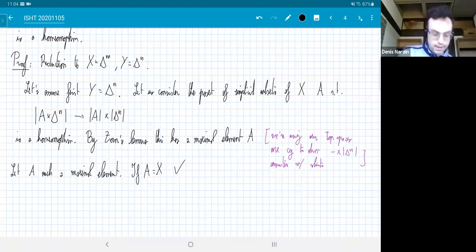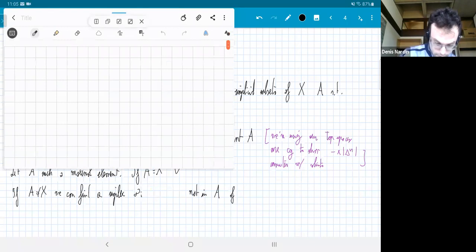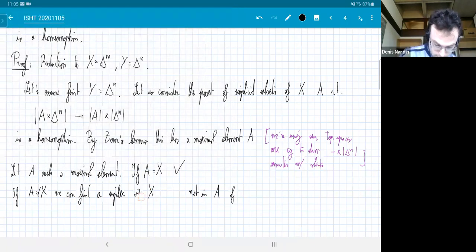But if A is not X, we can find a simplex sigma from delta M into X, not in A, of minimal dimension.